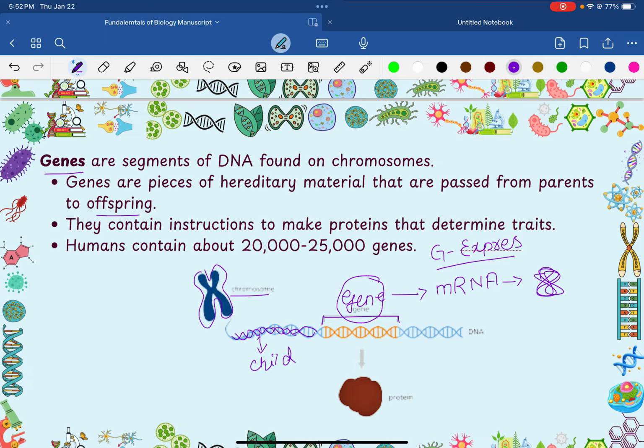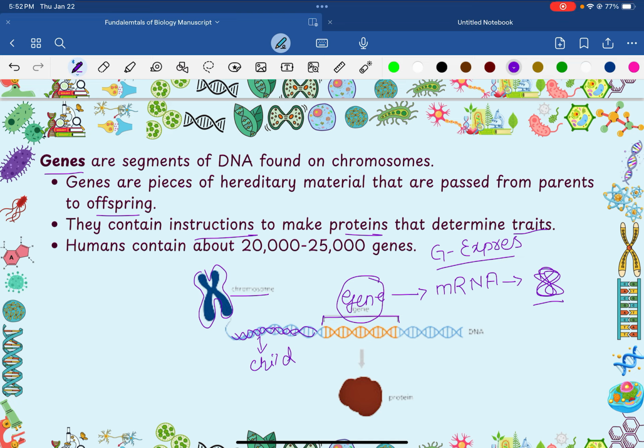Only a few parts are translated into protein. That part of DNA is called a gene, which contains the information. They contain instructions to make proteins that determine traits.